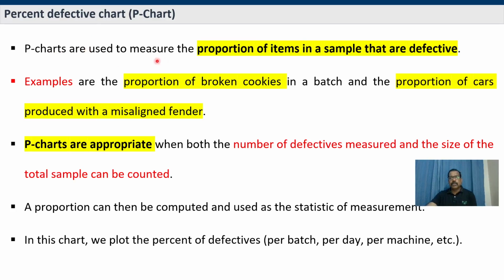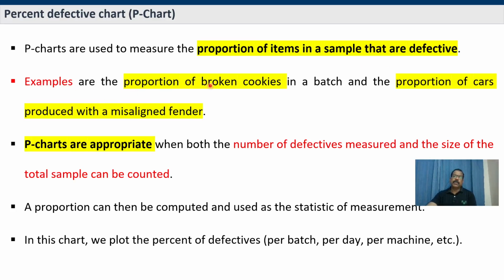P charts are used to measure the proportion of items, or percent of items, in a sample that are defective. Defective means more failures or non-conforming things are present.